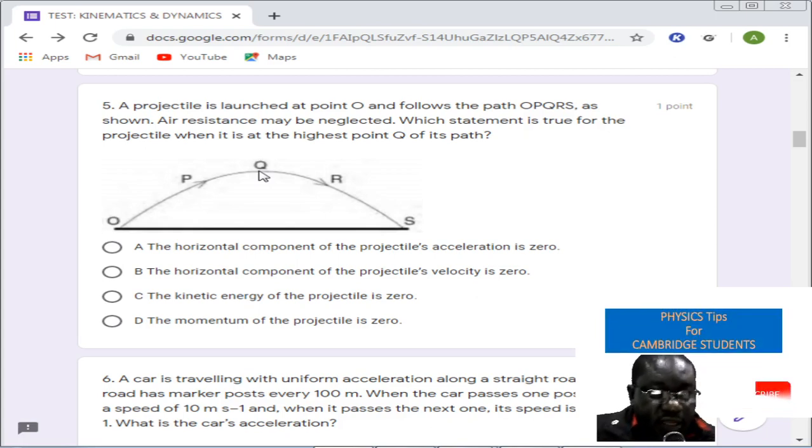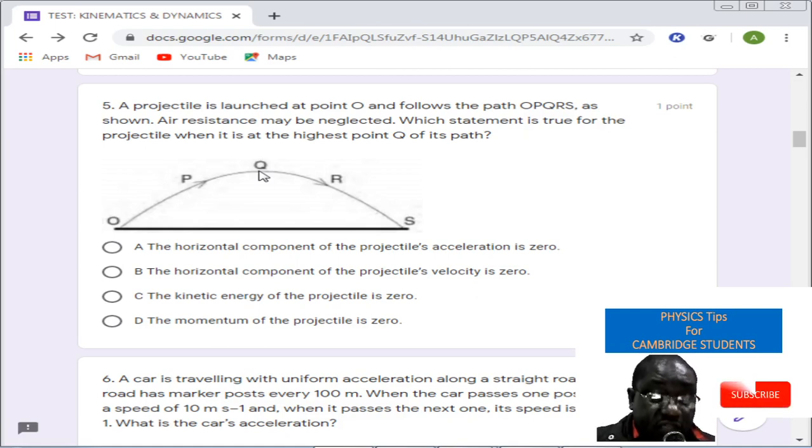B, the horizontal component of the projectile's velocity is 0. It's not 0, it is constant. It is always constant, it doesn't change. C, the kinetic energy of the projectile is 0. At Q, kinetic energy is not 0 because we still have a component in the horizontal.